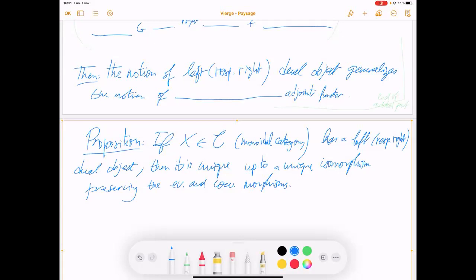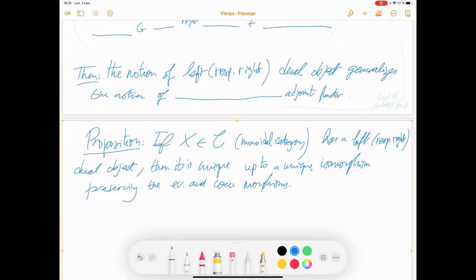This is a bit confusing for me, at least philosophically, because the monoidal category is supposed to be a categorification of the notion of monoid, but something is true for monoidal categories and not true for monoids.